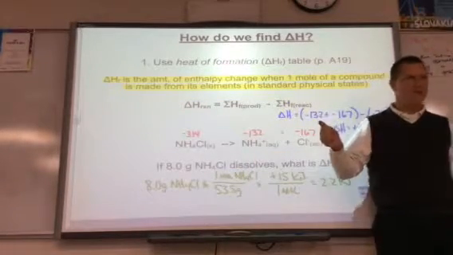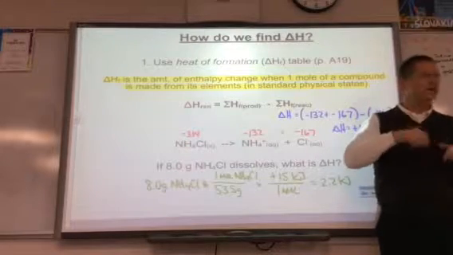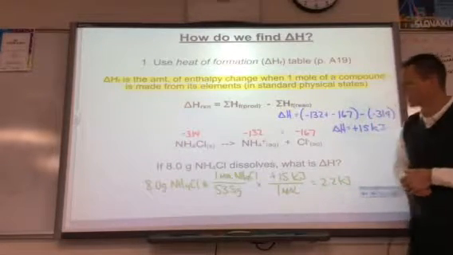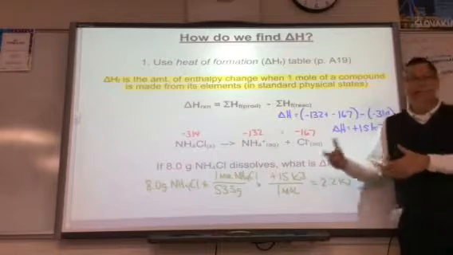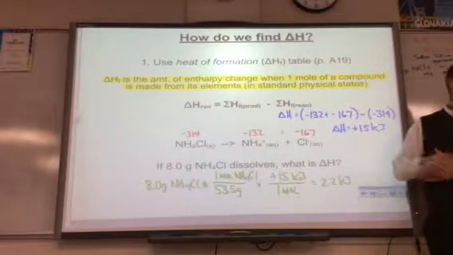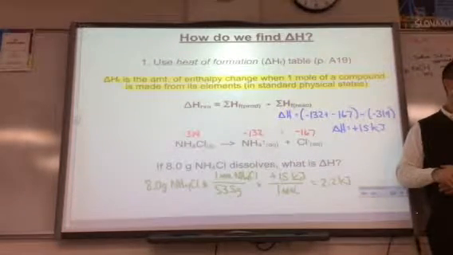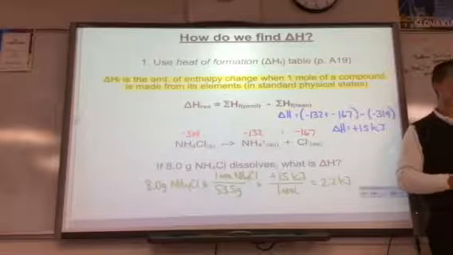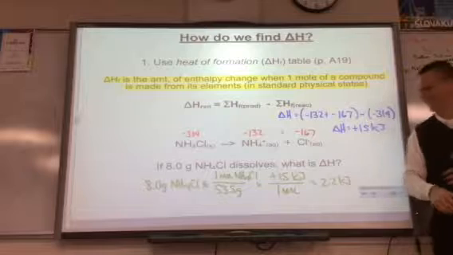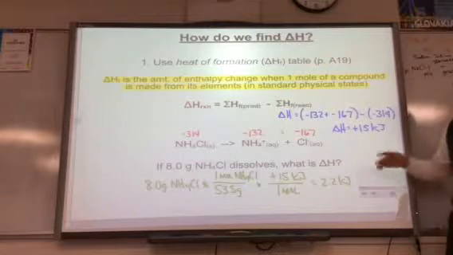I'm going to measure out 8.0 grams of ammonium chloride. I'm going to dissolve it, and according to our rules for calorimetry, I'll see if we actually get 2.2 kilojoules. And do you think we'll be close? You'll have to come back tomorrow and find out. And it's hilarious too.